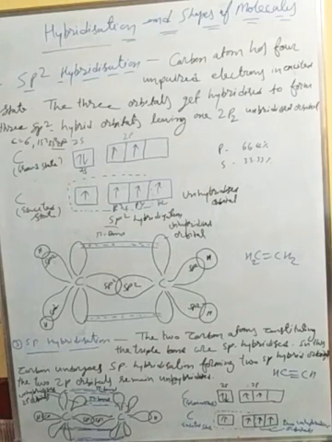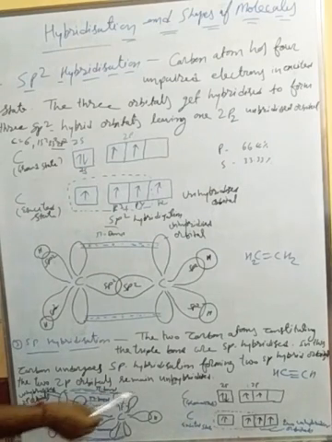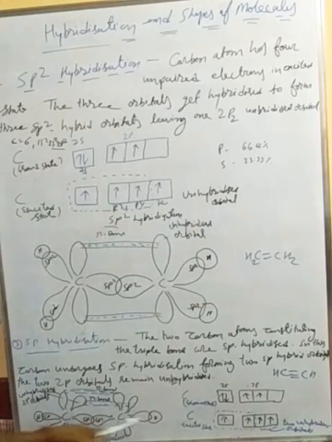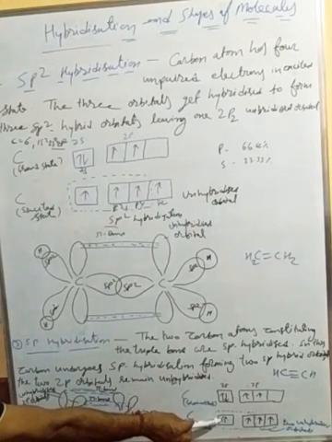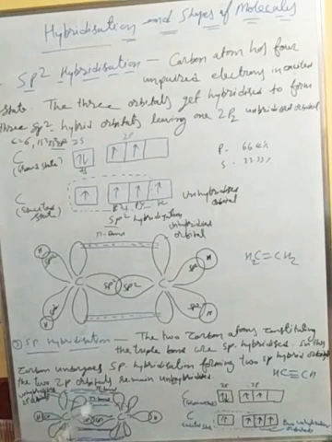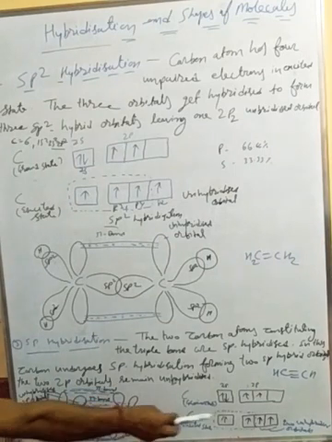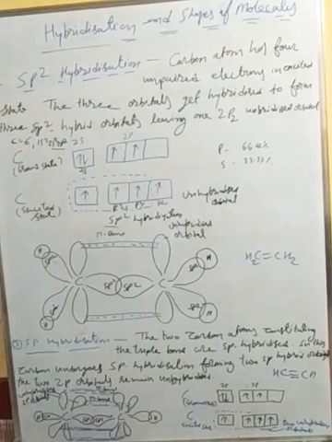One electron of the 2s and one electron of the 2p are hybridized, and the two 2p orbitals remain unhybridized.